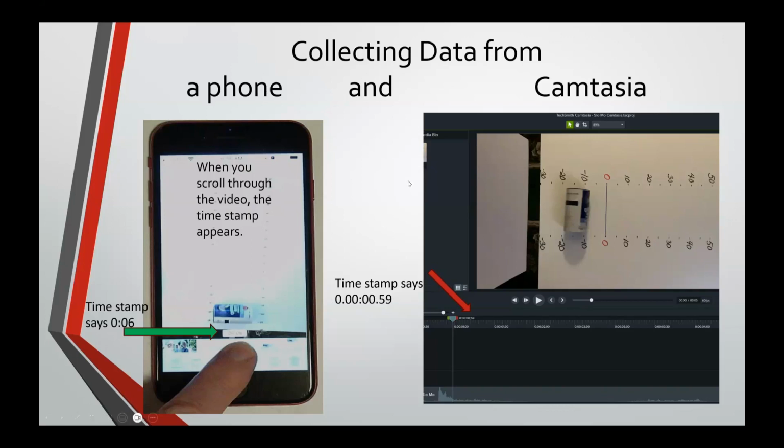And I had one enterprising student who took it home and put it in his video editing software, Camtasia. This software does its timestamp in 60ths of a second, in other words, 60 frames per second, whereas on the phone, I think the default is 30 frames per second.